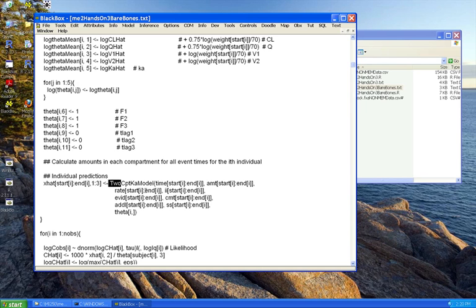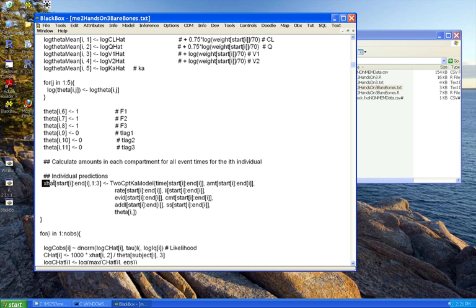And what this is going to return, on any given call, is a matrix. The matrix is going to have a number of columns equal to the number of compartments in the model, and the number of rows will be the same as the number of rows inside each of these vectors here. So in other words, you'll have a number of rows equal to the number of times for that individual. And again, I index those in the same way using start I to end I. And for the columns, I specify 1 to however many compartments, in this case 3.